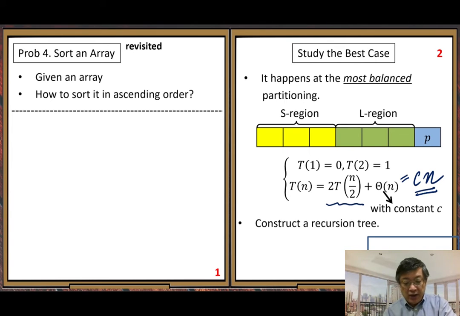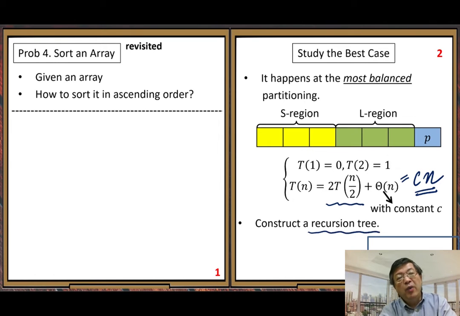All right. In order to solve this recurrence relation, if we work on it directly, it may not be that easy. But here, I'd like to introduce a new method. It's called the recursion tree method.